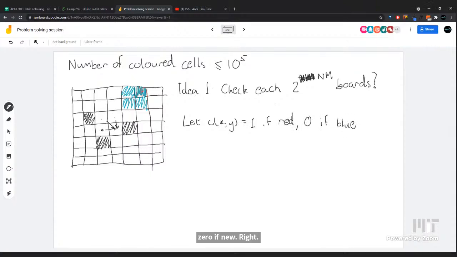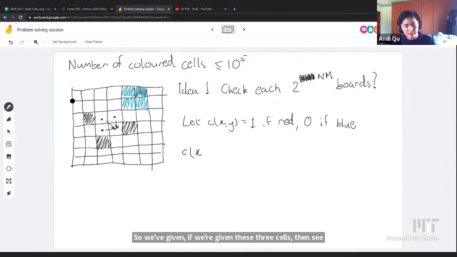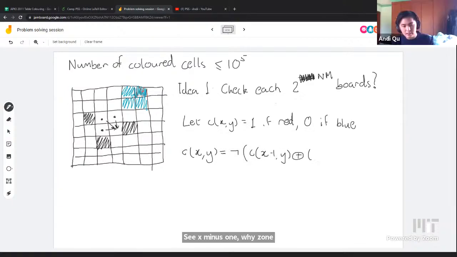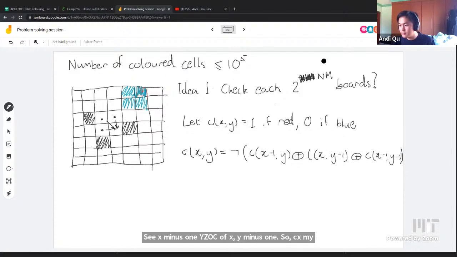So if we're given these 3 cells, then C of x, y is equal to the logical NOT of C of x minus 1, y XOR C of x, y minus 1 XOR C of x minus 1, y minus 1, right? Does this make sense?